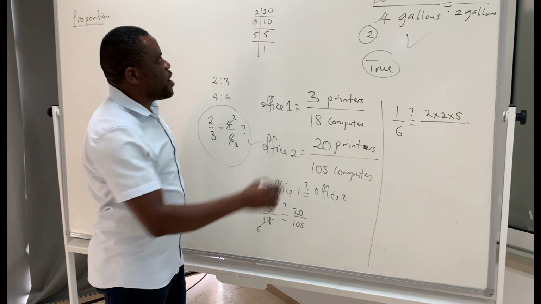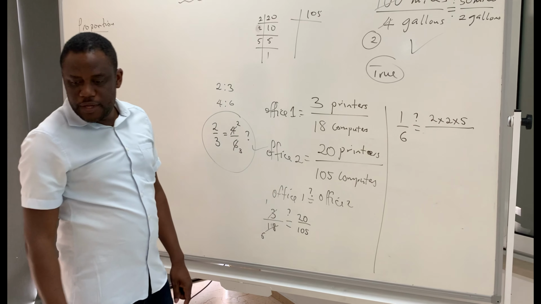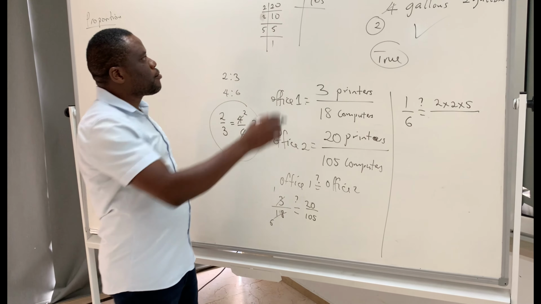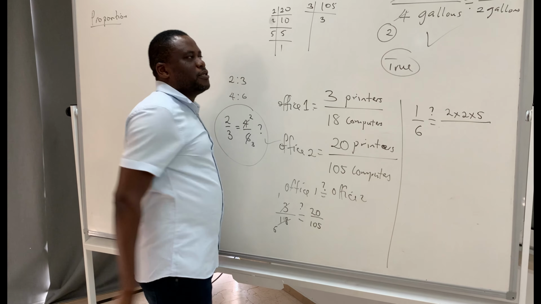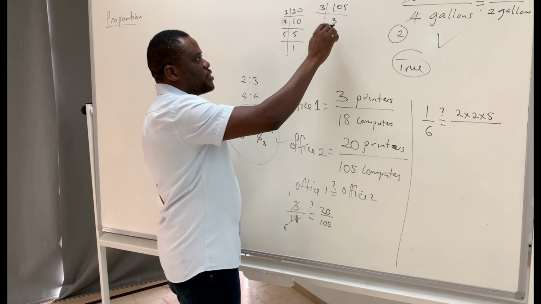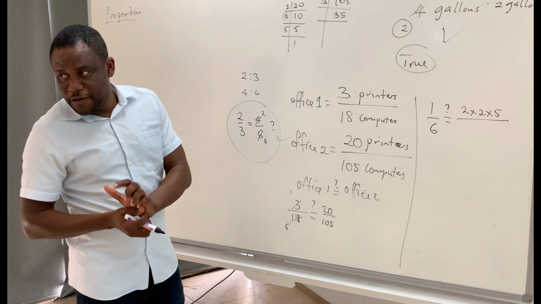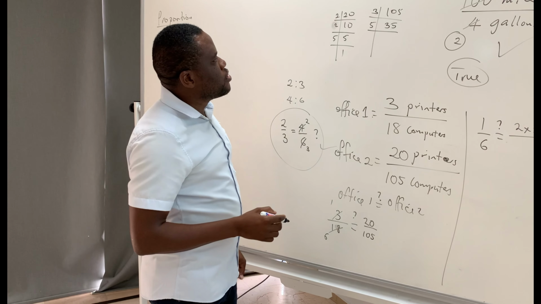Now for 105, 2 cannot go. 3 can go. Yes, 3 can go. 3 in 10 is 3. The remaining 1. 3 in 15 is 5. Can 3 go again? No. 5 now. 5 can go.